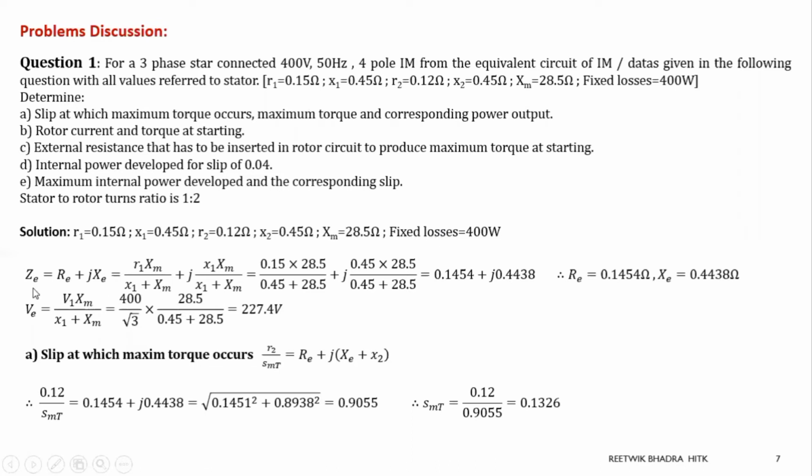Then from Thevenin's equivalent circuit, ZE is equal to RE plus jXE. We had already derived all this. If you forget it, please refer to my previous lectures. So the next point is to replace these values. R1 is 0.15, XM is 28.5. So 0.15 into 28.5 divided by X1 plus XM.